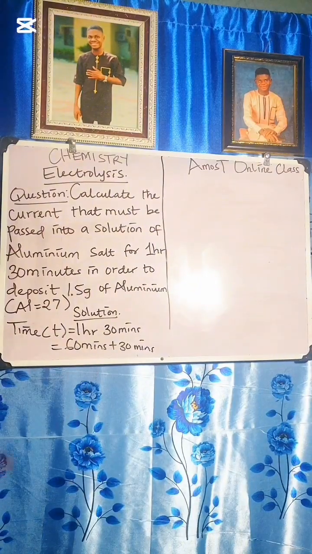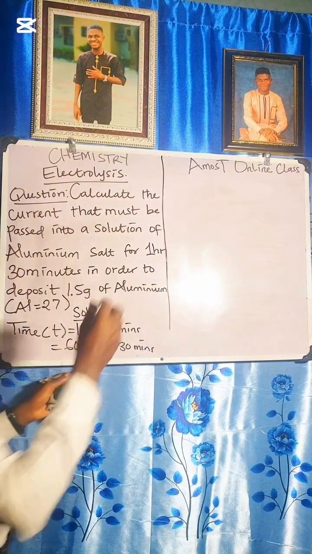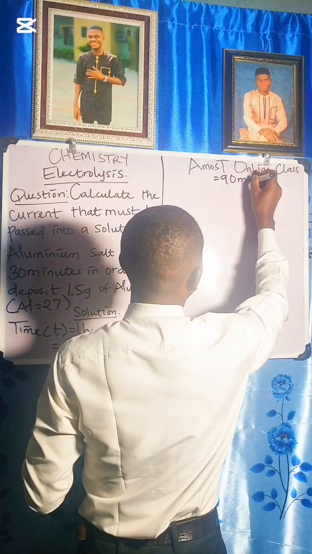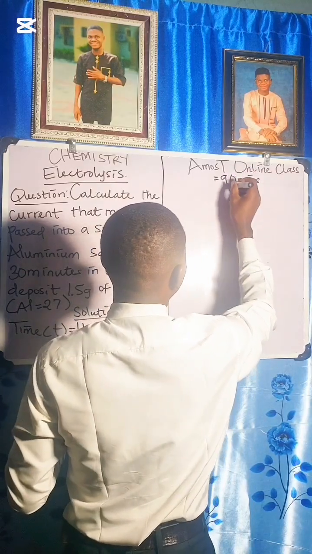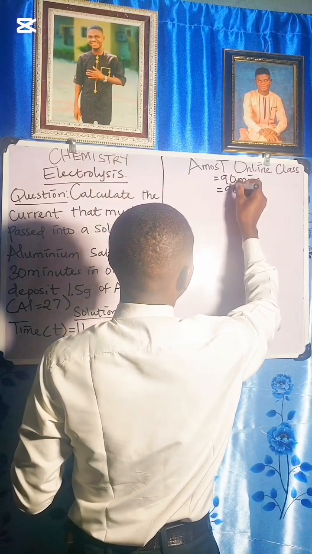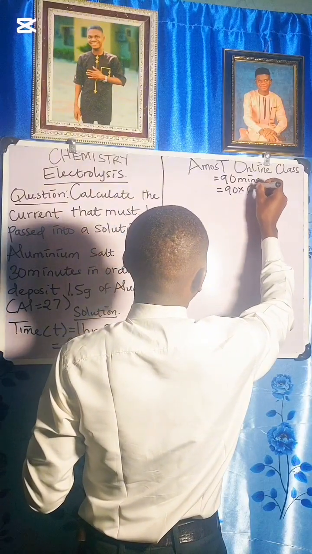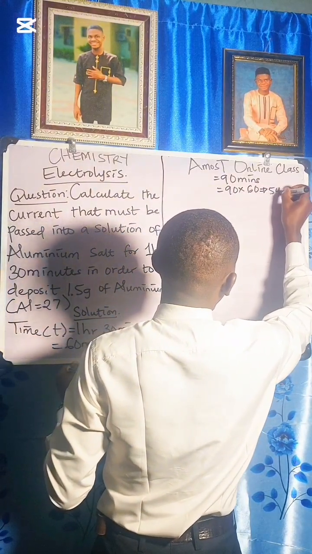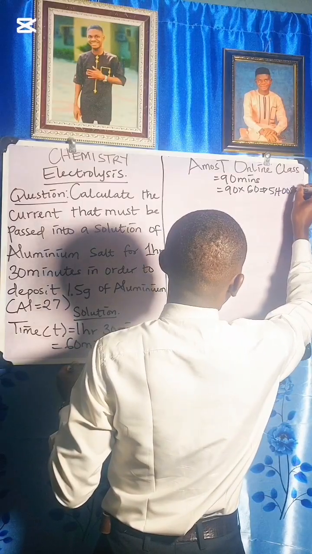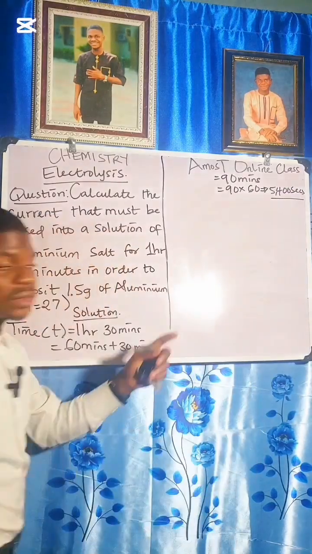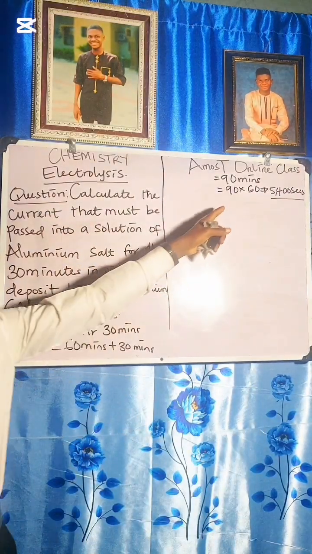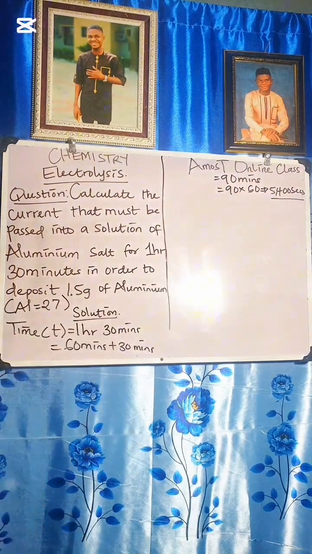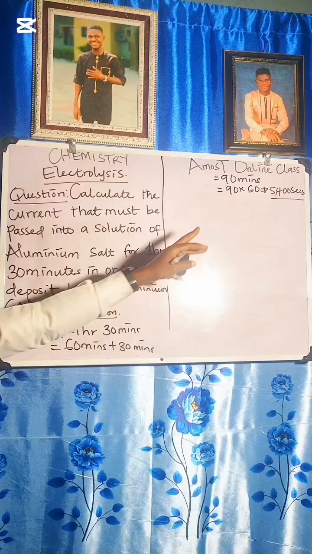So 60 minutes plus 30 minutes, you have 90 minutes. So we have converted 90 minutes to seconds and we have 5,400 seconds. So that is it for time.